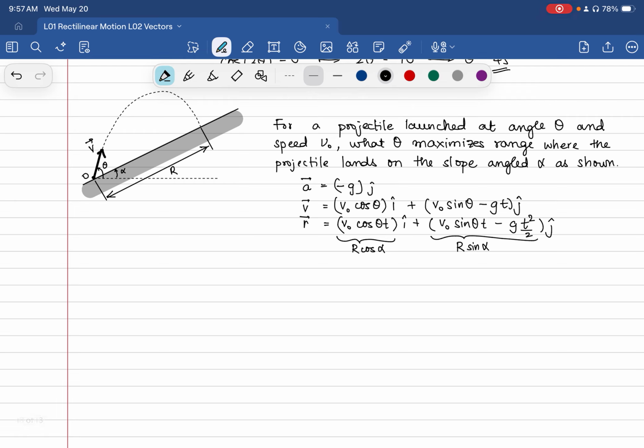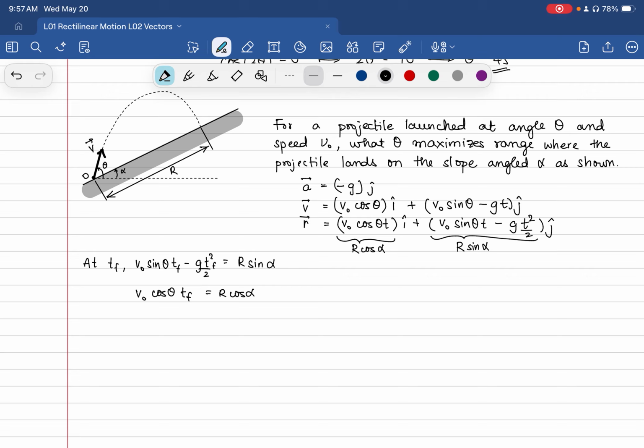So essentially at tf, we have v naught sine theta tf minus g tf square over 2 is equal to r sine alpha. If you look at the x component, you have v naught cos theta tf is equal to r cos alpha.